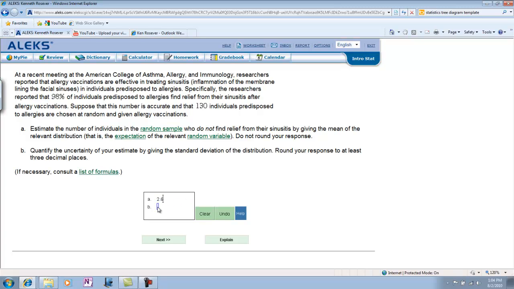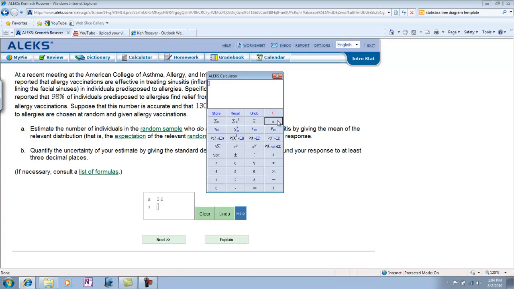All right. Quantify the uncertainty of our estimate by giving the standard deviation of the distribution. Now, technically, the p is, because we're talking about this estimate, the p is 0.02 and the q is 0.98, but it doesn't really matter because we're multiplying. It's a product. The order doesn't matter if we put the 0.98 before the 0.02.